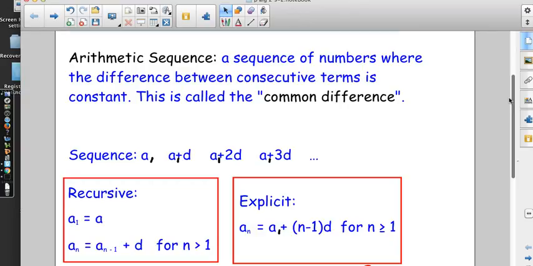So an arithmetic sequence is a sequence of numbers where the difference between consecutive terms is constant. This is called the common difference. Looks like everybody has that in there.